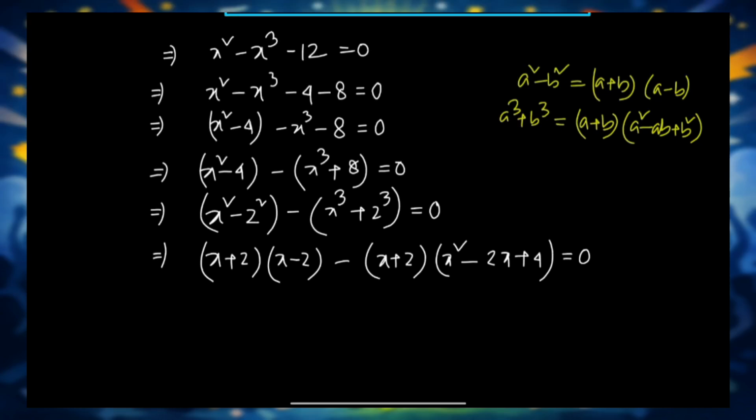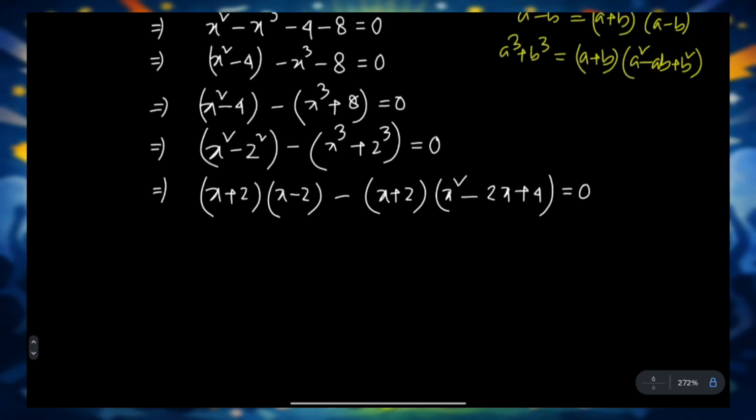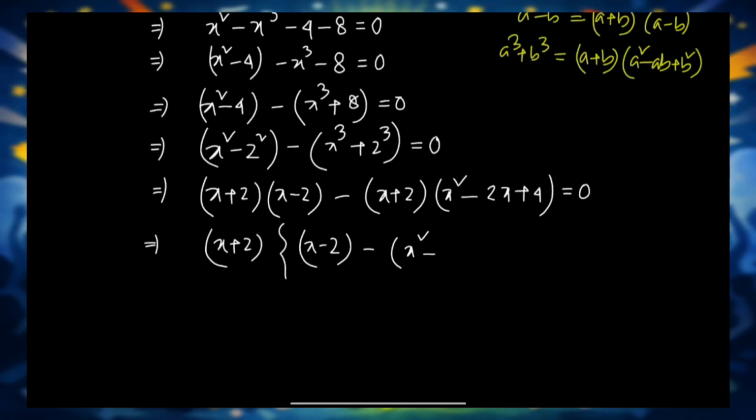Okay, now after taking x plus 2 as common, here you can see that x plus 2 and x plus 2 is common. So taking x plus 2 as a common, we get x minus 2 minus x square minus 2x plus 4 equals to 0.